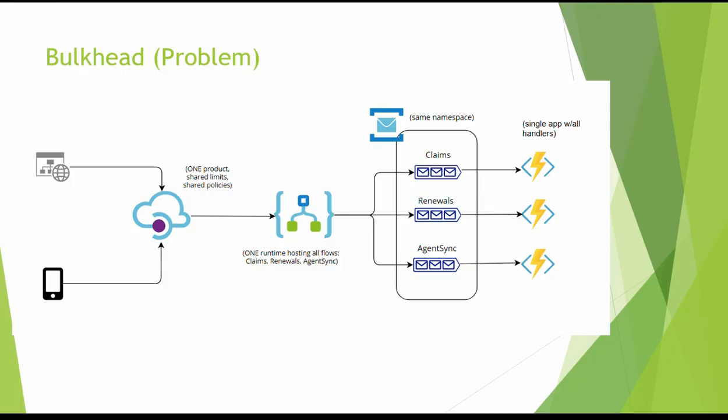If it's an insurance application, claims, renewals, agent sync all come through the same logic app, and it goes into Service Bus. It's in the same namespace, but it has three different queues: claims, renewal, agent sync. And it calls an Azure function, and that Azure function is the same one app.